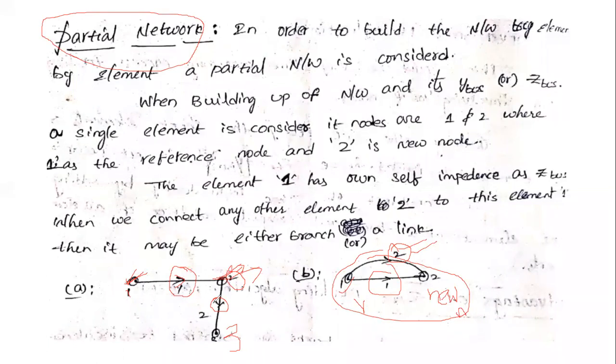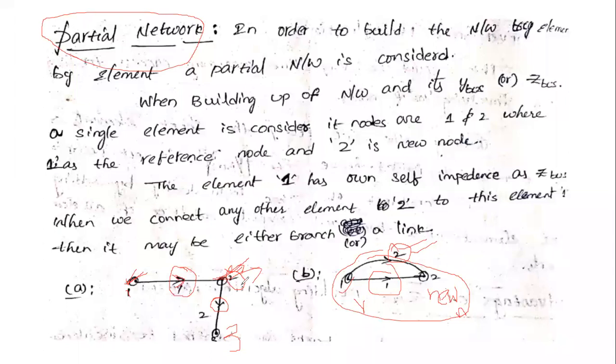In the other case, element 2 is added in between the old node and the new node. Why? Because node 2 is taken as the old node. This node 2 is already designed for connecting element 1.